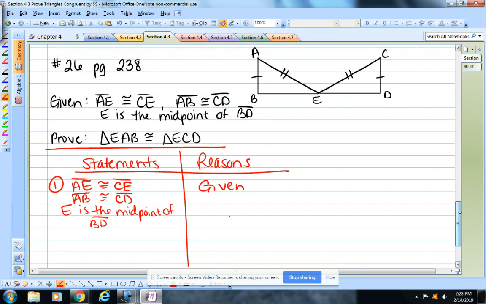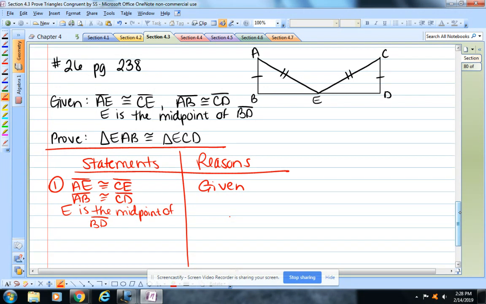All right. So it told me 2 of the sides are congruent, right? But they gave me information about the third side, right? It says E is the midpoint of BD. So here's E. It's the midpoint of segment BD.